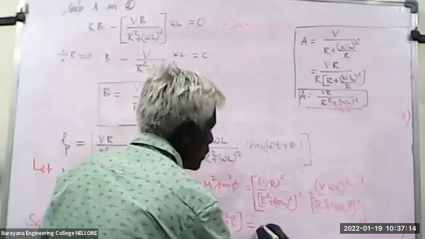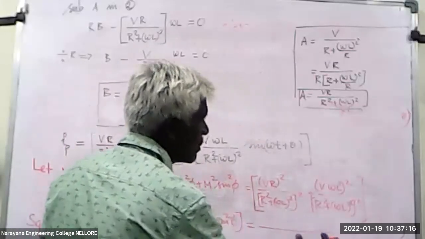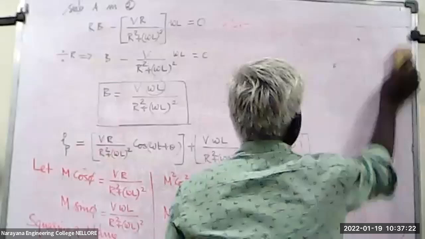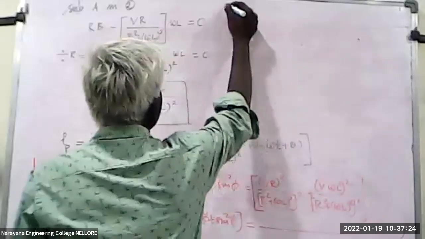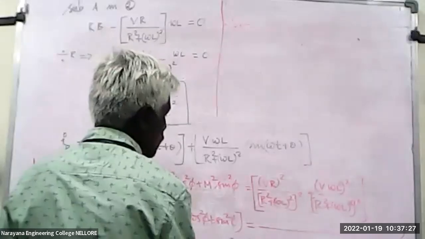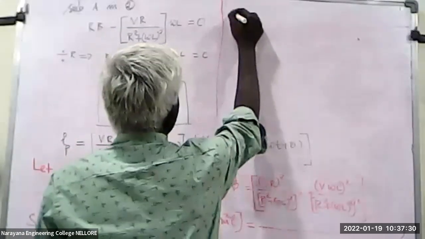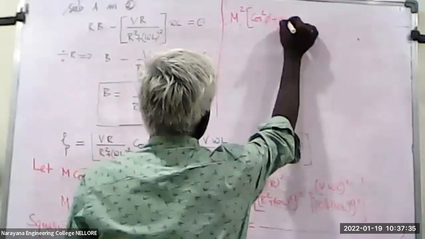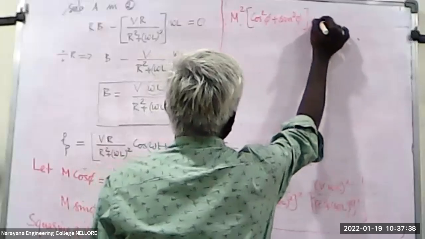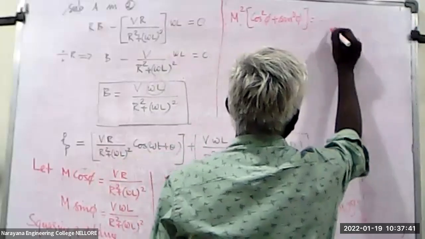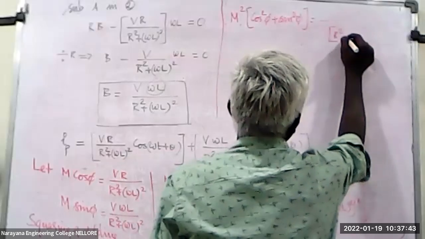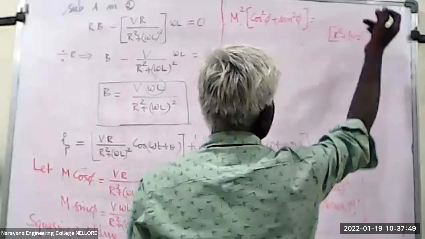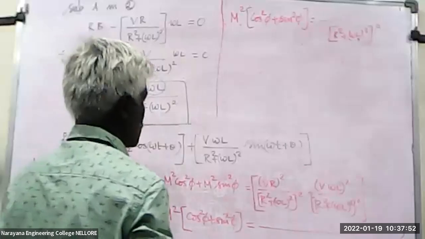Equal to, I write here, same thing I repeat, you copy from here: m square into cos square phi plus sin square phi, which is equal to, I take the denominator as common, that is R square plus omega L the whole square, its square, because we square the terms.